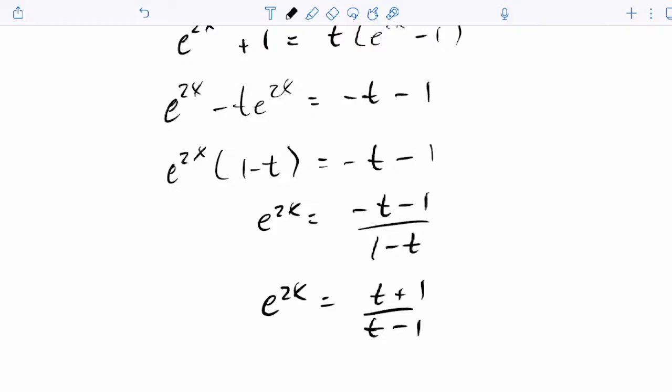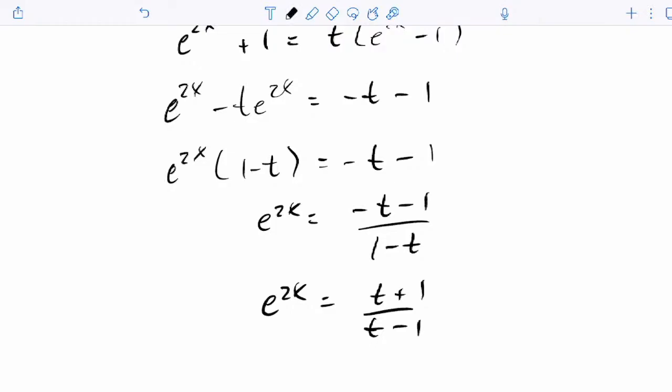Okay, very good. Like I said, there's a huge lag on my screen, so I don't know what you're seeing versus what I'm typing, how long it takes to transfer over. But I've now got e to the 2x equals t plus 1 over t minus 1.